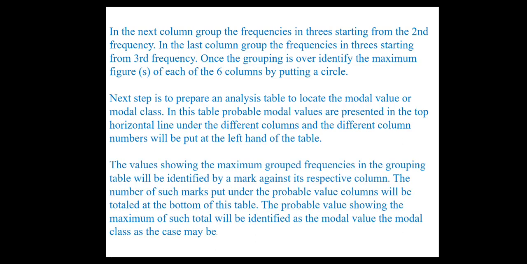The values showing the maximum group frequencies in the grouping table are identified by a mark against the respective column. The number of such marks under the probable value columns is totaled at the bottom of the table. The probable value showing the maximum total will be identified as the modal class.